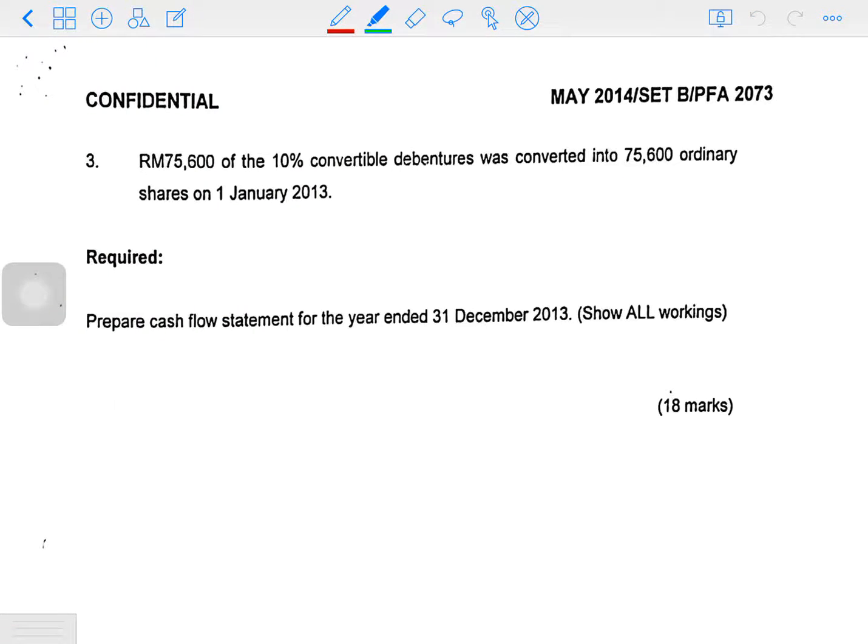And then at the same time you have a conversion of debenture. 10% debenture has been converted into ordinary shares. What happens in the conversion is that you just convert without any cash effect. Okay, it's not that you issue any debenture. Meaning you just convert.